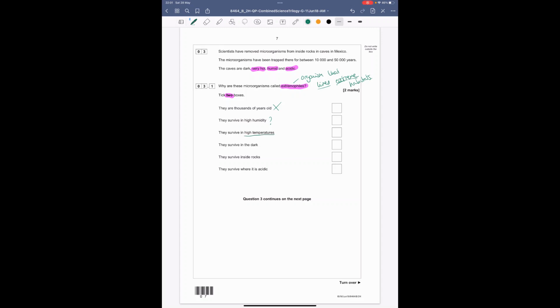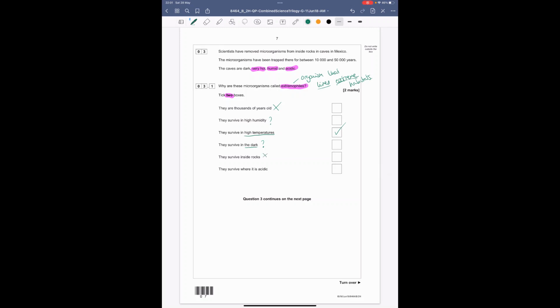So because it is hot, that would be classified as an extreme environment, like the desert. So it's likely to be that. We can put 1 tick. They survive in the dark. Well, possibly, but let's see what other options there are. They survive inside rocks. Probably not.